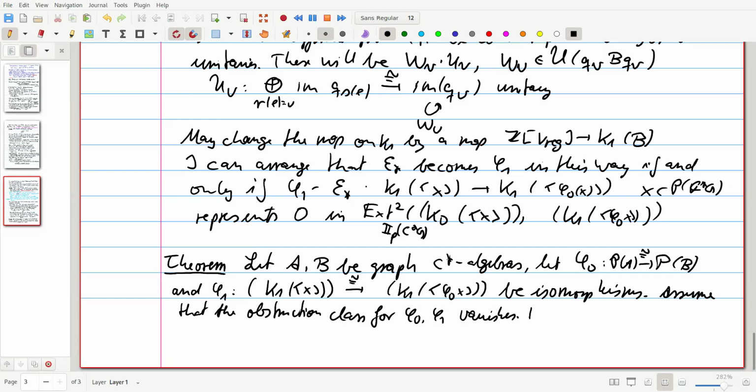Okay, and then, well, let's do it with star homomorphisms on stabilizations.